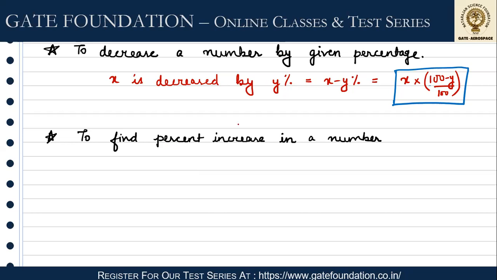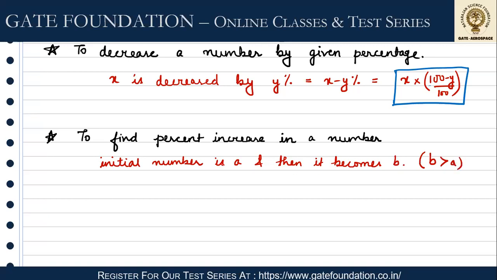You can simply find this using, let's say, here I'll assume some of the things. Let's say the initial number is a, and then it becomes b. So the number is getting increased in such a way that b is greater than a. So the increase will be given as b minus a.